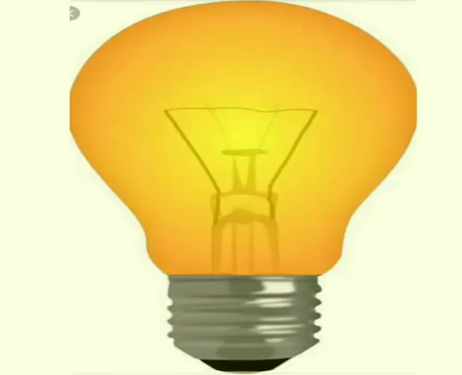Have you ever wondered why an electric bulb lit for several minutes gets heated up? There are other objects also that heat up due to electricity. A bulb contains a thin coiled wire called a filament.